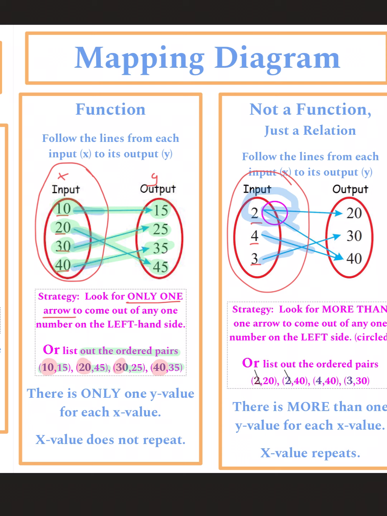Similar on the not a function side, if I look at the ordered pairs, 2 and 20, so I have that here. 2 also goes with the 40, 4 goes with 40, and 3 goes with 30. So once I listed those out, if I look closer at the x values from my ordered pairs, I can see that the x's of 2 repeat. And since the x values in the coordinates repeat, that makes it not a function.